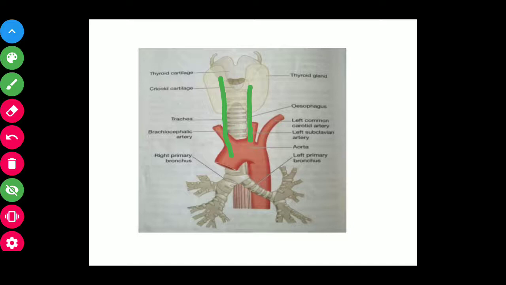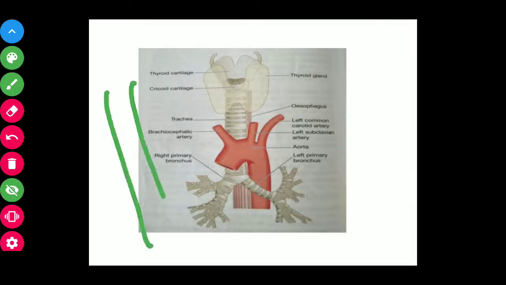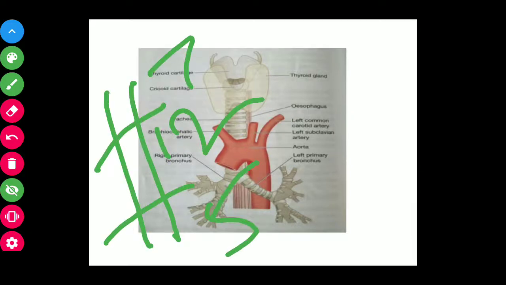It's a continuation of the larynx and extends downwards to about the level of T5. T5 means the fifth thoracic vertebra. In the vertebrae we have 7 cervical bones, 12 thoracic and 5 lumbar. So here it ends at the level of the 5th thoracic vertebra.